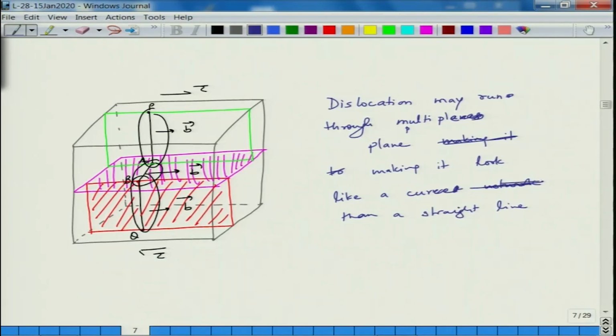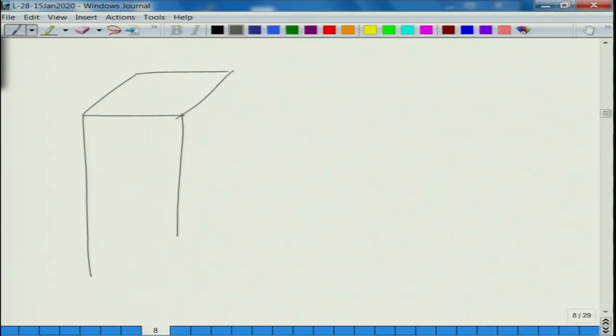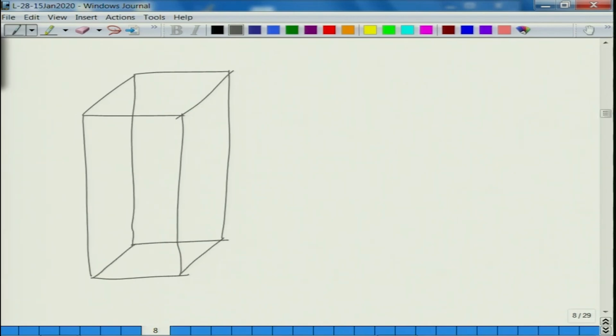So, basically inside a material, if you make a global picture, the global picture is going to look like this. So, you have a crystal something like this. For the sake of clarity, let us make a crystal which is something like this. In this crystal, at a certain plane, let us say we have a plane here.